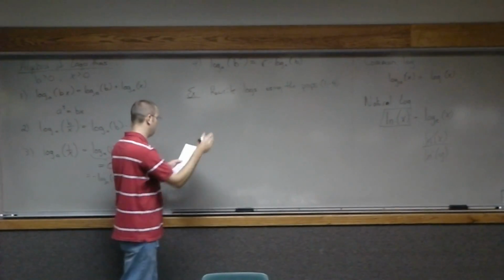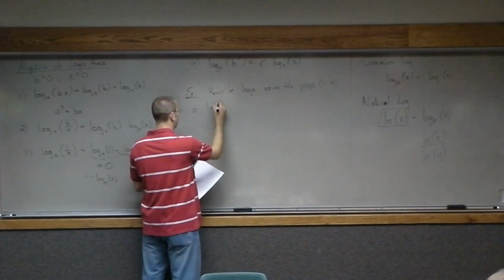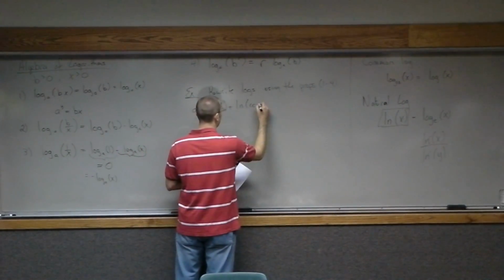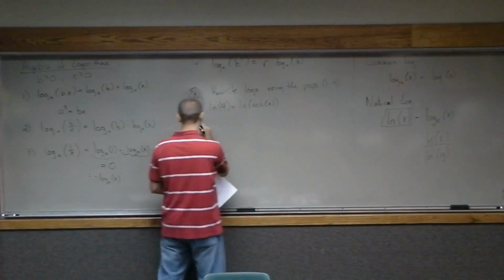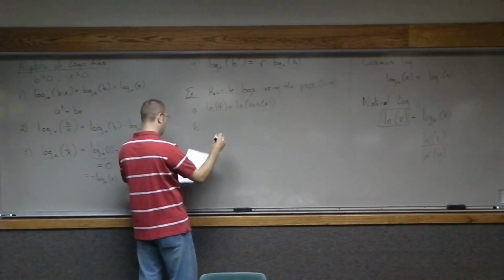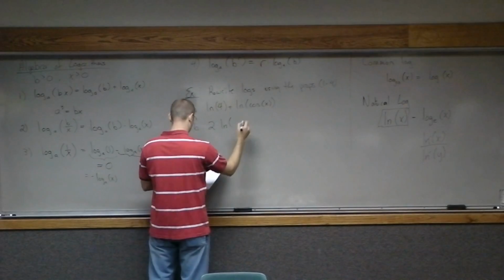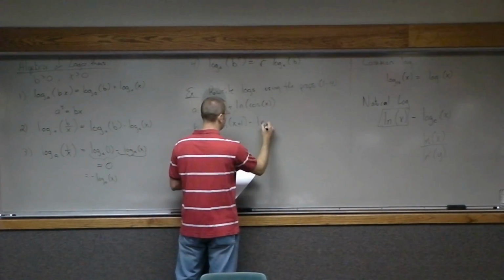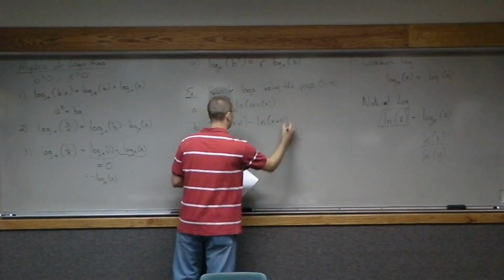The first one, ln of 4 plus ln cosine x. Second one, 2 ln of x plus 1 minus ln of x plus 4.